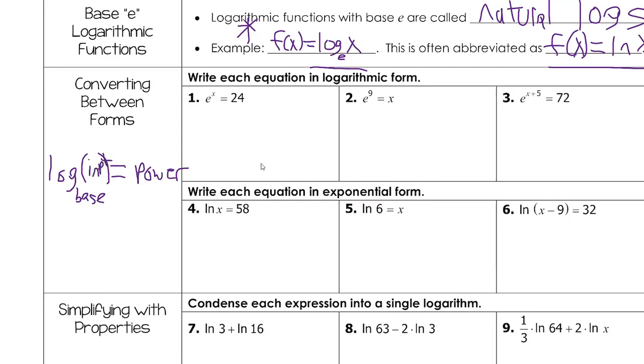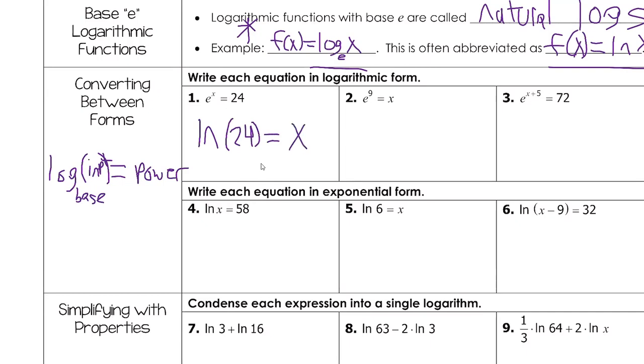I don't know exactly what to call that inside part, but since e is our base, we're going to have a natural log of 24. Basically, what it equals is what you input into your function, and then it equals your power.